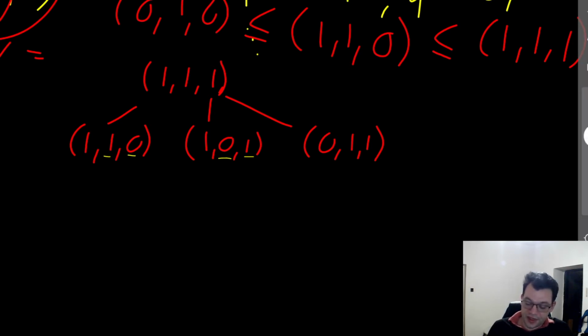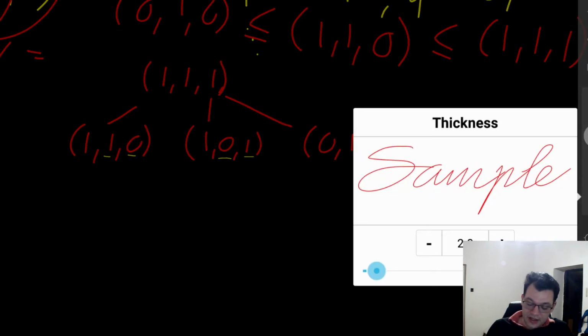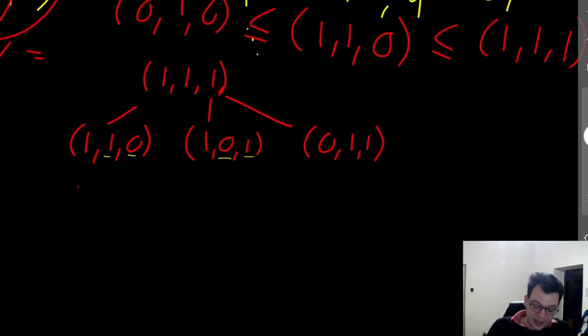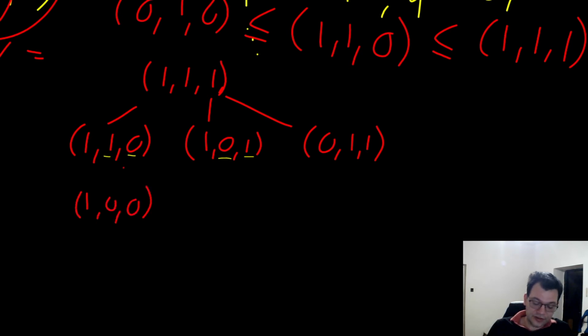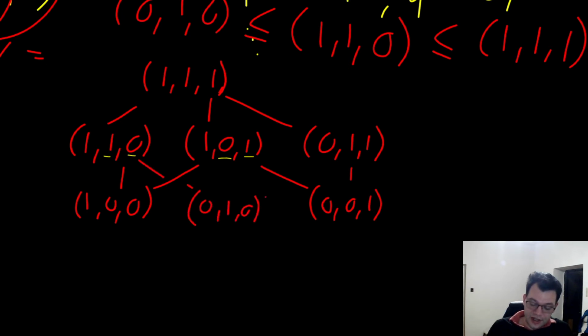So these three are not related. And also I have this 1, 0, 0 here, and I have this 0, 0, 1 here, and I have this 0, 1, 0 here, and they are related like this, and 0, 0, 0 here.